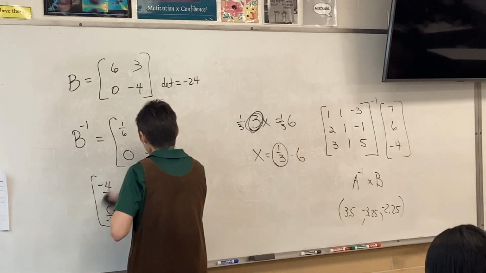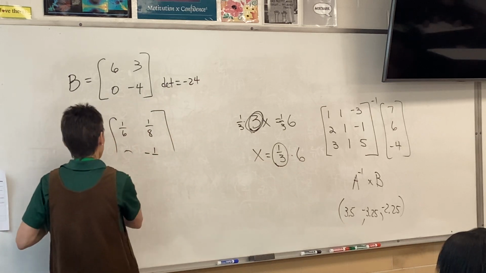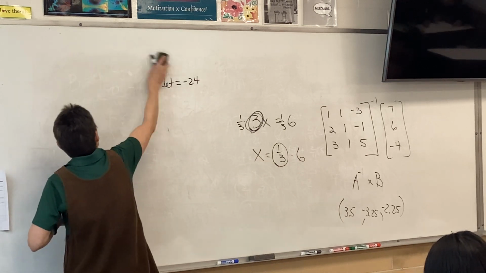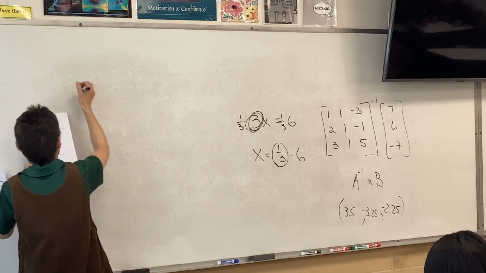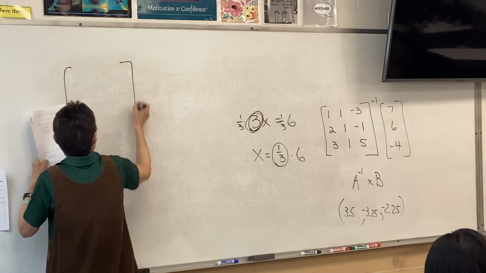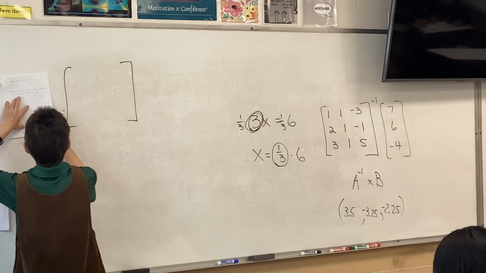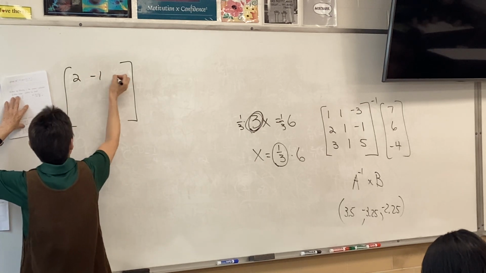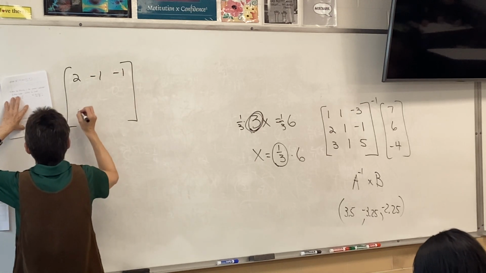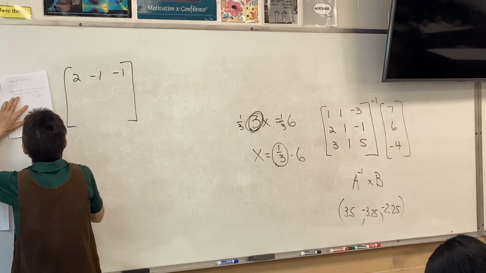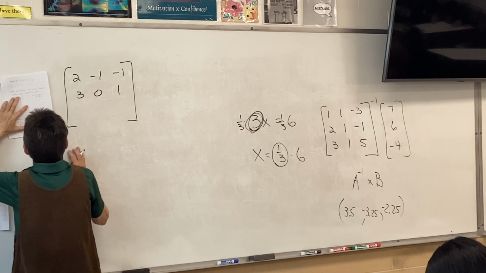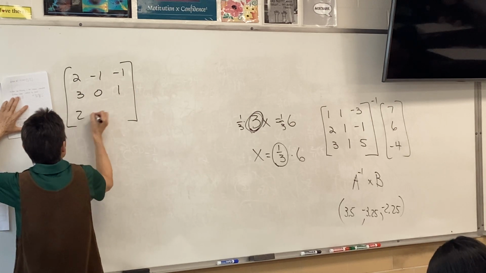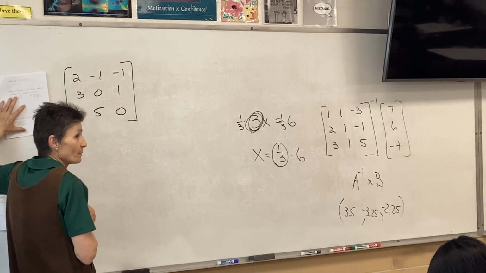All right, so let's write down what we need to put into our calculator. We're going to put two matrices into our calculator. The first one is the coefficients. 2, negative 1, negative 1. Uh-oh, be careful. There's a 0, so it's going to be 3, 0, 1. And 2, 5, 0. Would everybody agree with that?